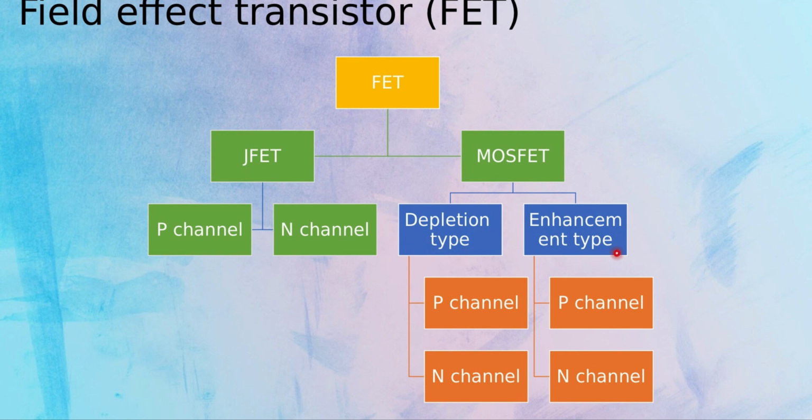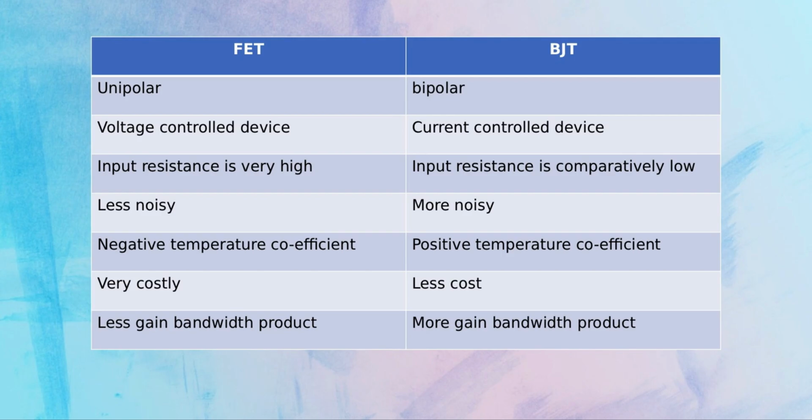Before moving into the types, let's look at the difference between a field effect transistor and the bipolar junction transistor that we looked at in the previous lesson. FETs are unipolar, that is, they conduct current using just one type of carrier. BJTs are very obviously bipolar, because the full form of BJT is bipolar junction transistor.